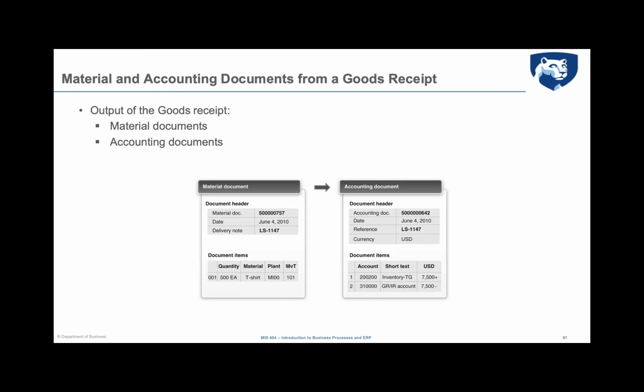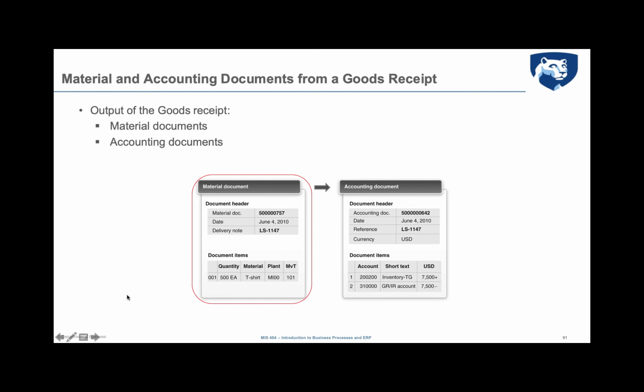In fact, whenever you execute a goods receipt, two types of documents are generated. One is the material document. So you record that you have received materials and that the quantity of stock in inventory has increased, or has remained the same because maybe the material is not compliant, but in some way you have impacted the inventory, so you generate a material document.